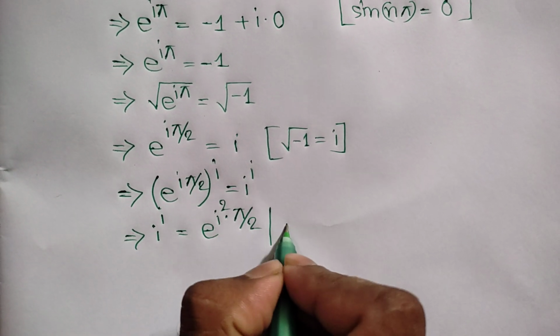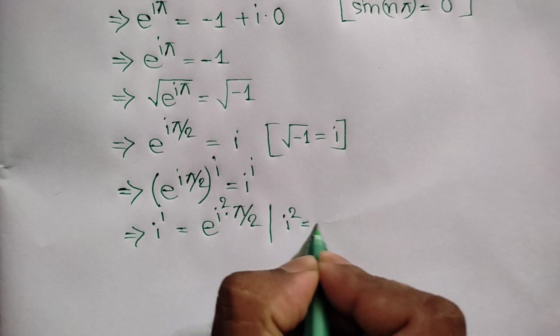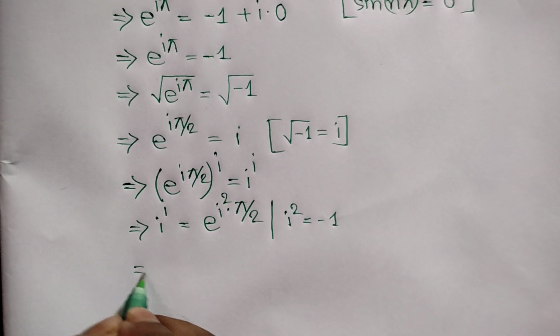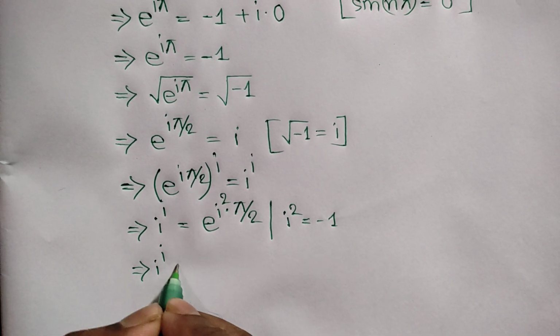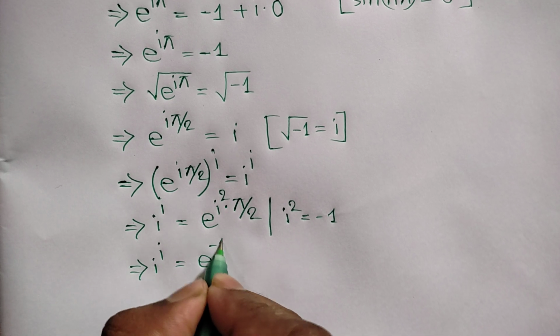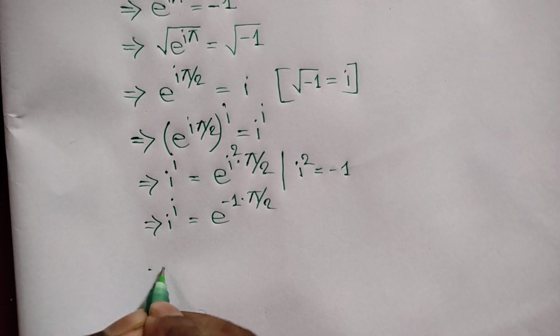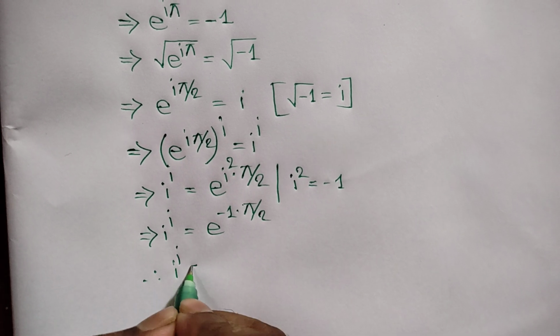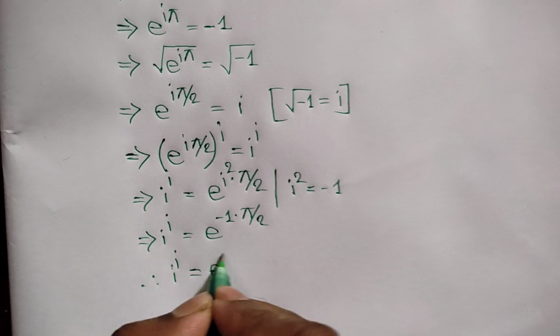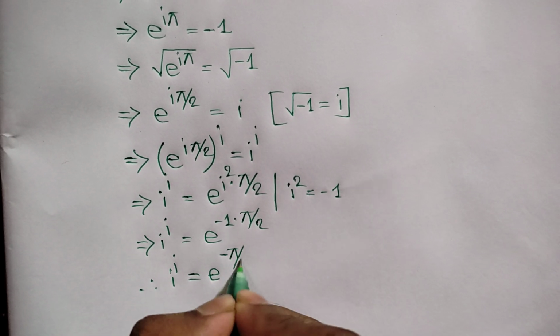We know i squared is equal to negative 1, so we can write here i to the power i is equal to e to the power negative 1 times pi by 2. So the value of i to the power i is equal to e to the power negative pi by 2.